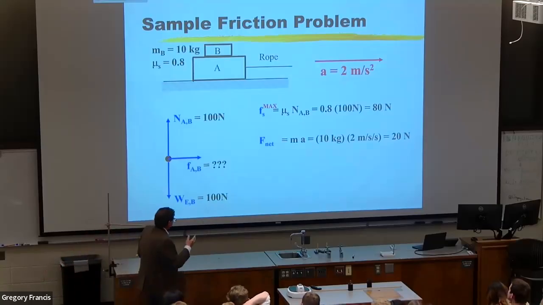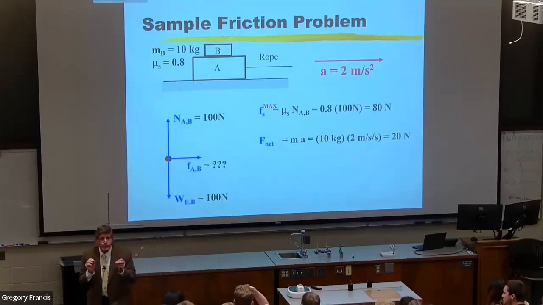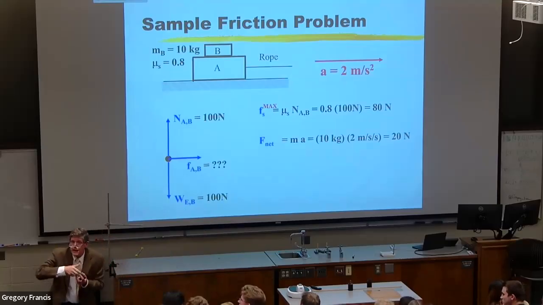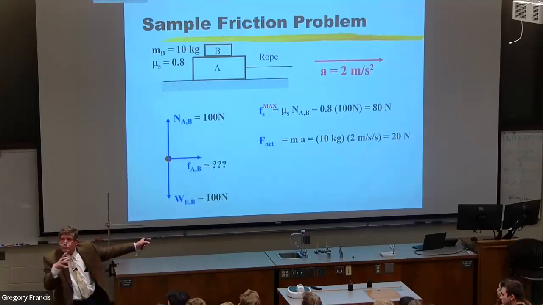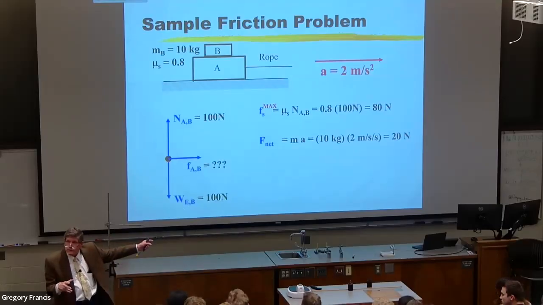There's other problems, but I've got to have 10 kilograms. Oh, and this is also important. Some of my students got hung up because A and B were moving together, so in the mass, they wanted to lump it all together: 25 kilograms for A and 10 kilograms for B and make it 35.